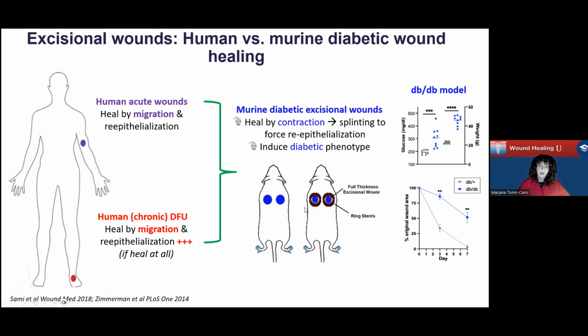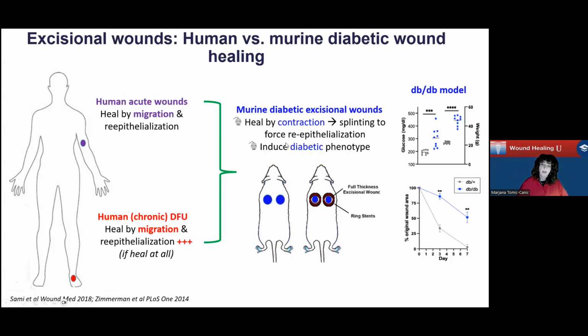And so we often use a splinted model, where you attach a silicone ring around the excisional wound edge, either suturing or gluing, in different ways of doing this, but preventing this contraction so that you can actually test epithelialization.